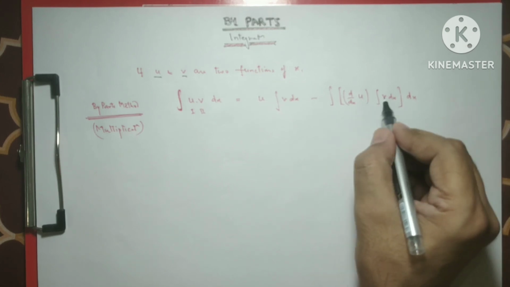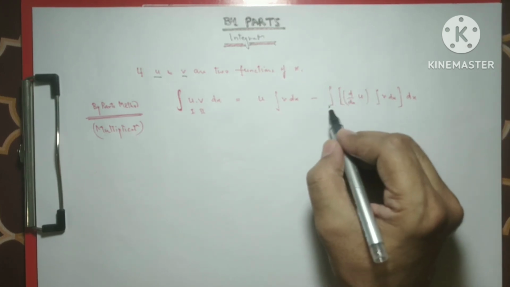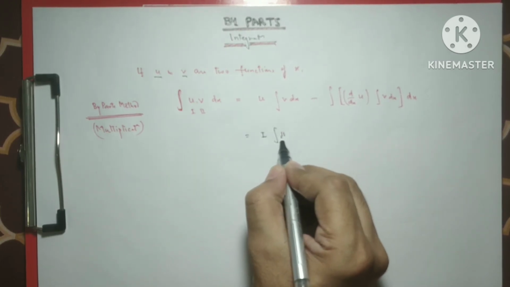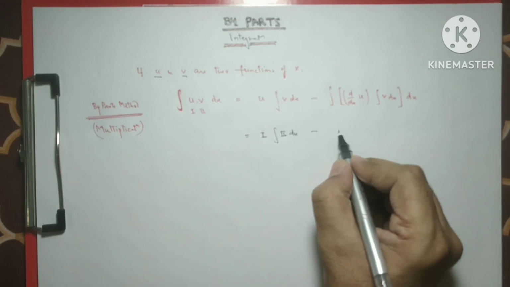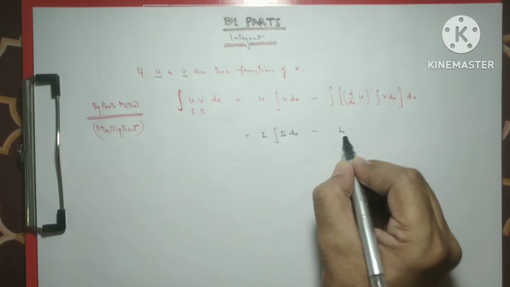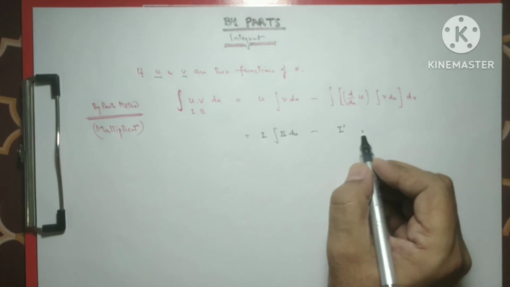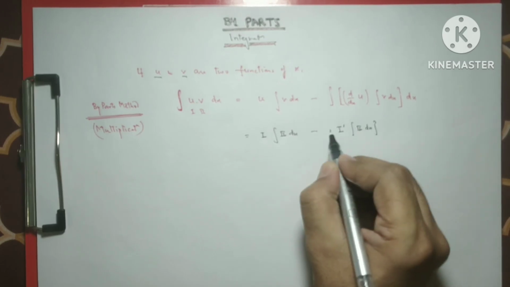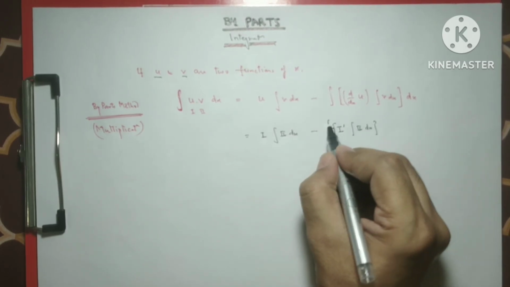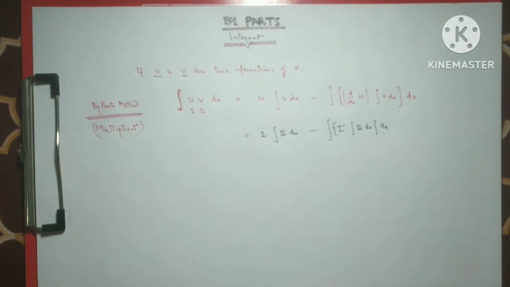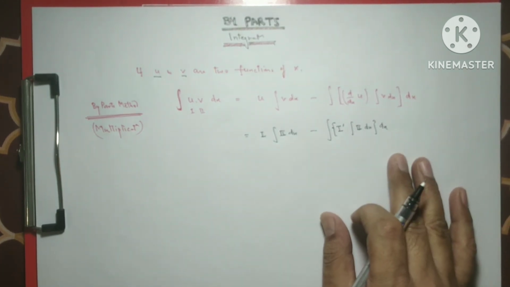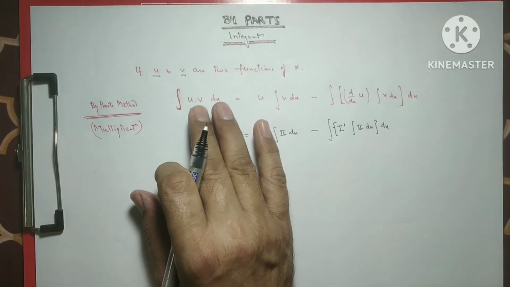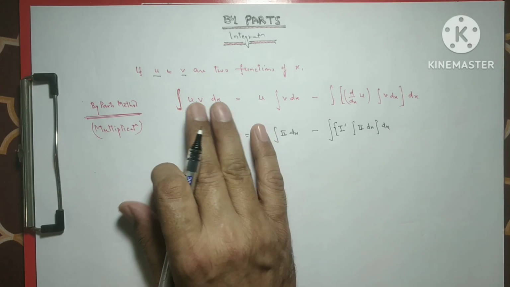Now we will multiply this, and the resultant will be integrated again. Means first function as it is, integration of second function minus derivative of first function, we are using dash for derivative, and integral of second function, and the resultant of this product is again integrated. So this is the way we will use for by parts, and for multiplication of two functions we will use this method.